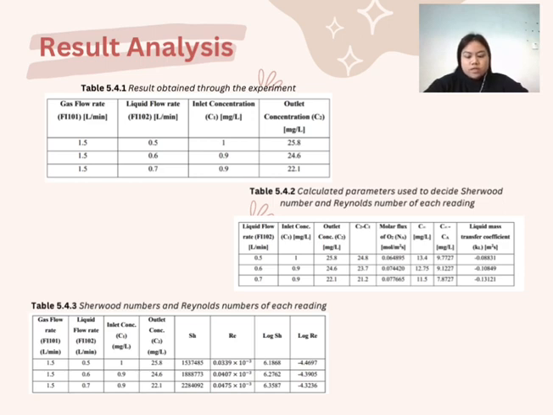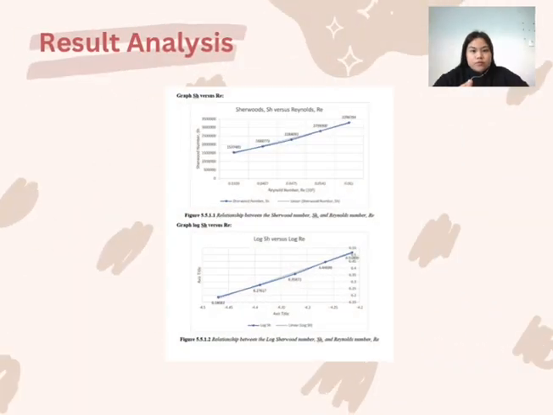Simply said, as the liquid flow rate increases, so does the gas absorption efficiency for the falling film absorption unit. Figure 5.5.1.1 shows that as the Sherwood number increases, so does the Reynolds number. The Sherwood number and Reynolds number in a falling film absorption unit are perfectly proportional to each other.